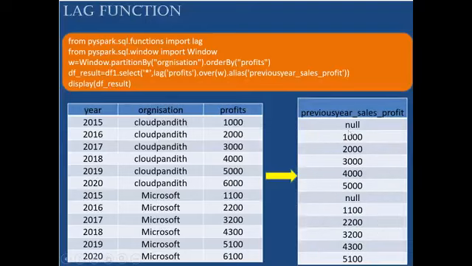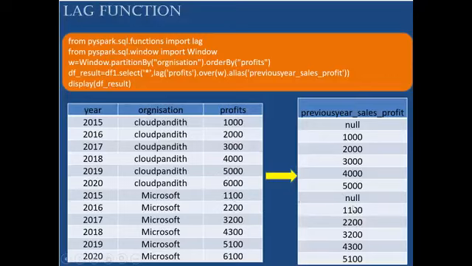After that I am applying the lag function. What will the lag function do? Lag will move this particular record down, right? So the first record will be null, and this first record value will be moved to the next record. 2000 will move to the next record, 3000 will move to the next record, 4000 will move to the next record, 5000 will move to the next record. 6000, we don't have any other record to move to, because once this particular partition's records are completed, 6000 will not be available.